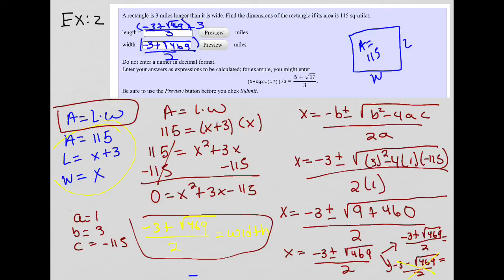Ignore the negative answer. You're going to keep the positive as your width. And from that, you use that to find the length. Okay? Let's see one more example.